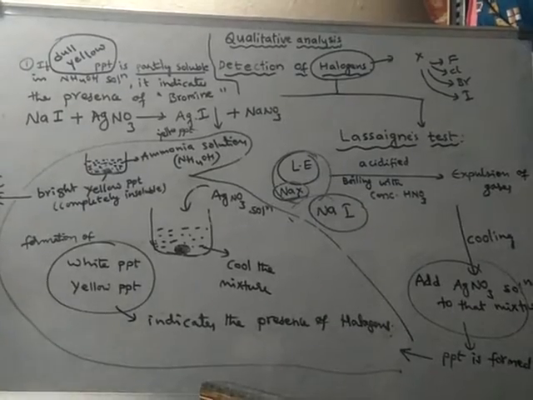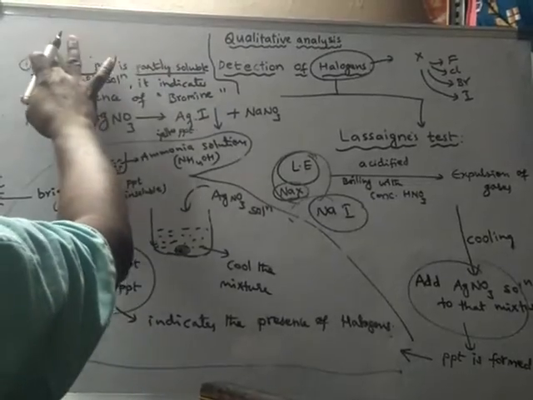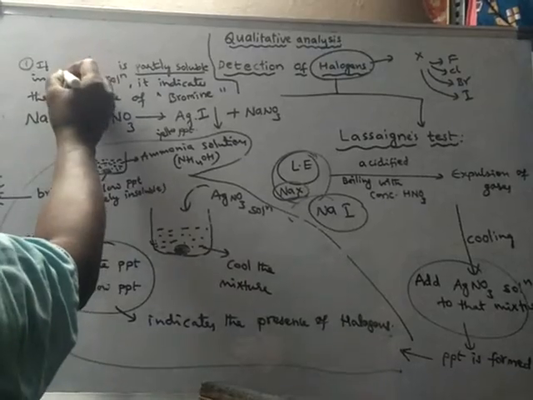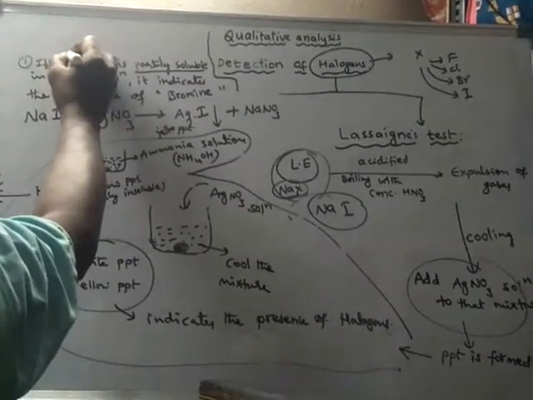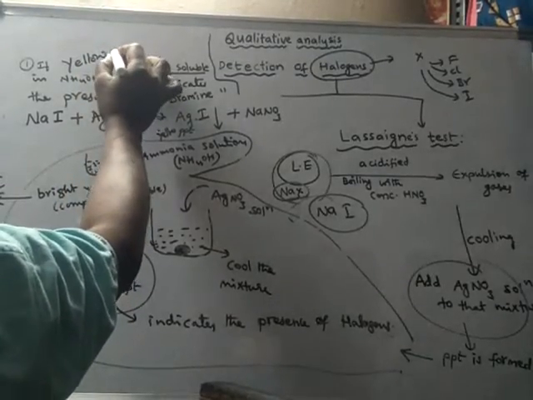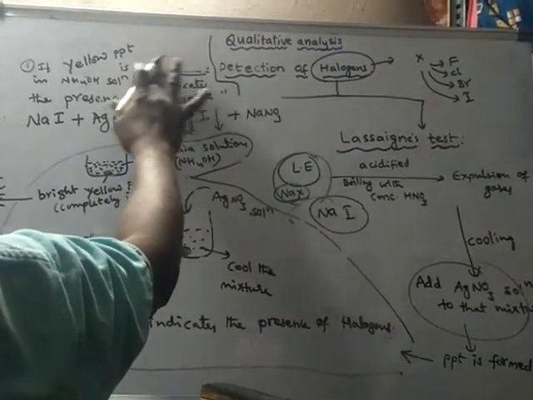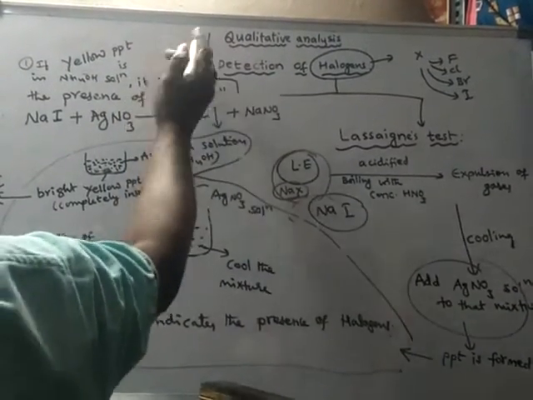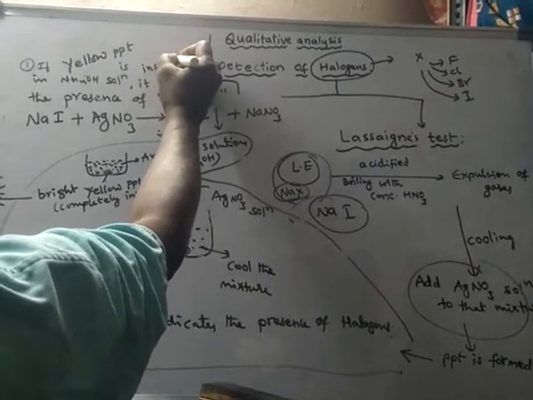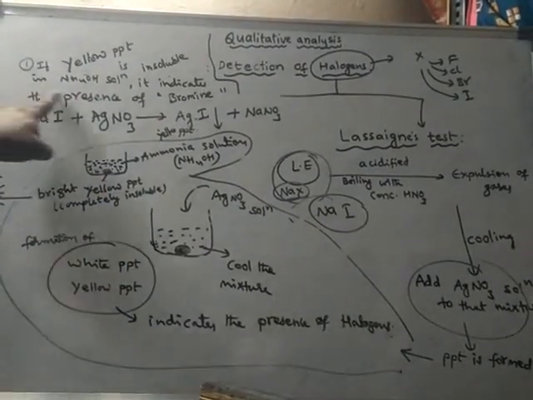Here a yellow precipitate is completely insoluble, it is insoluble completely in ammonium hydroxide solution.